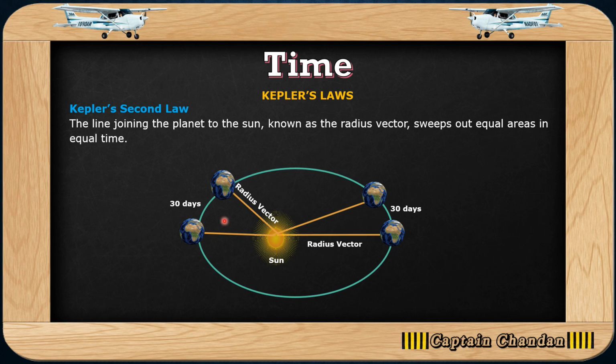So what Kepler's law said is that area A equals area B. The radius vector sweeps out equal areas in equal time. If the time is 24 hours, then you must take 24 hours here. So the area will be the same. That is Kepler's second law.